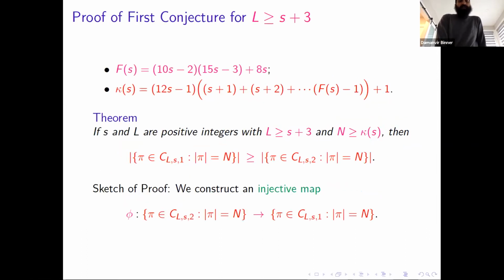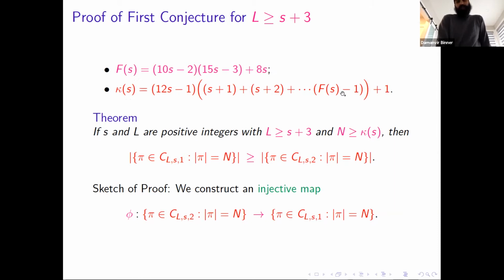Next we describe a sketch of our proof of the first conjecture in the case L greater than or equal to S plus 3. When L is smaller than S plus 3, the proof is much more complex and intricate, and we won't go into the details today. In this case, we define the quantities f(S) and kappa(S), depending on f(S).